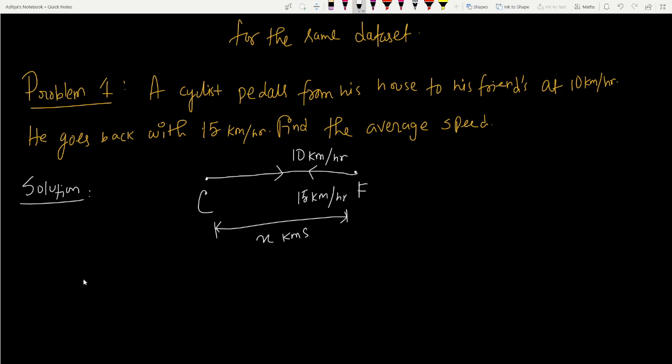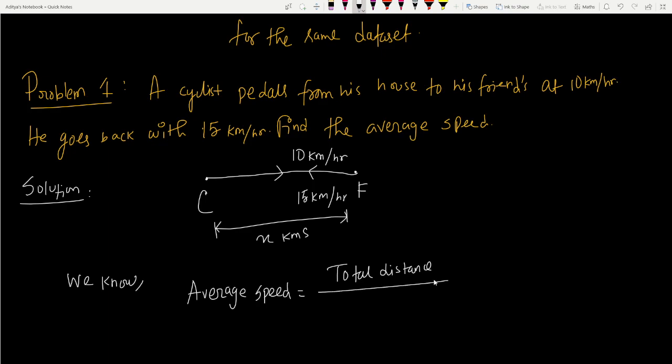We know average speed is equal to total distance by total time.